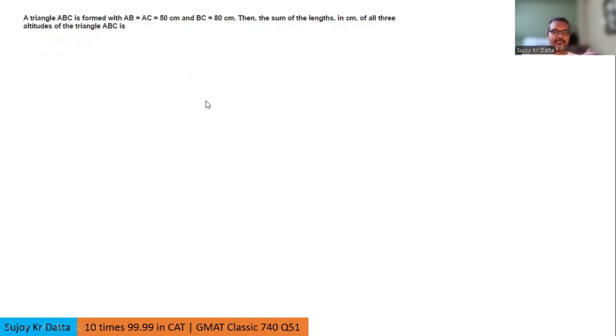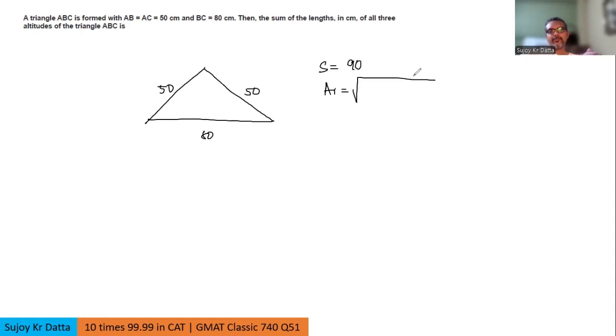The triangle ABC is now formed with AB and AC equal to 50 and BC is 80. So let's draw 50, 50, and 80. So to find out the altitudes, let's figure out the semi-perimeter. That would be sum of the three sides, 180 by 2. So that's 90. So the area would be root over 90 times 90 minus 50 times 90 minus 50 times 90 minus 80. So you've got 900 square root 30 and 40 square, so 40.